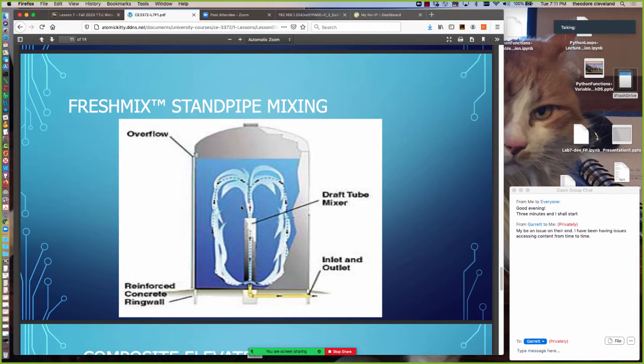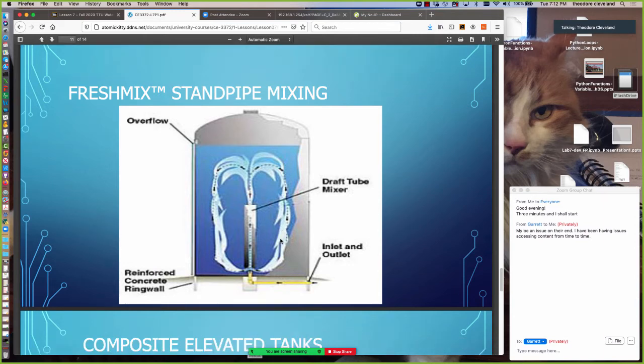I think you might be able to achieve this kind of mixing with thermal convection, but that wouldn't be very reliable. So there's some kind of a mixing system in it, and that's if the water is already treated. If it's raw water, there would be occasional mixing that you would do to stir up all the gunk and sediment and get it out of the system, and then it goes through treatment.